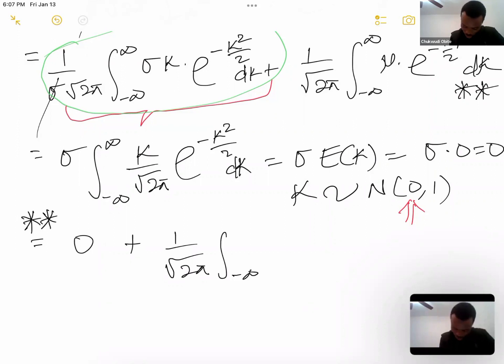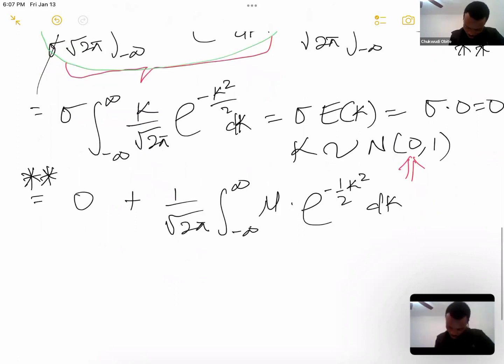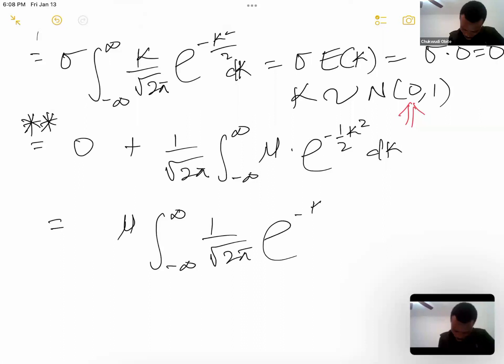Integral minus infinity to infinity mu times e raised to power minus half k squared dk. If I take my mu outside, I will have mu, integral minus infinity to infinity 1 all over square root of 2 pi e raised to power minus k squared all over 2 dk.